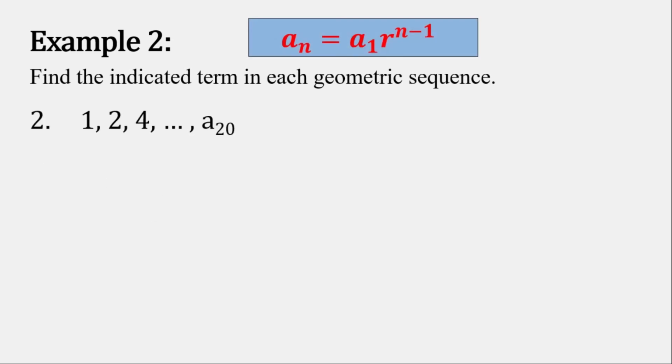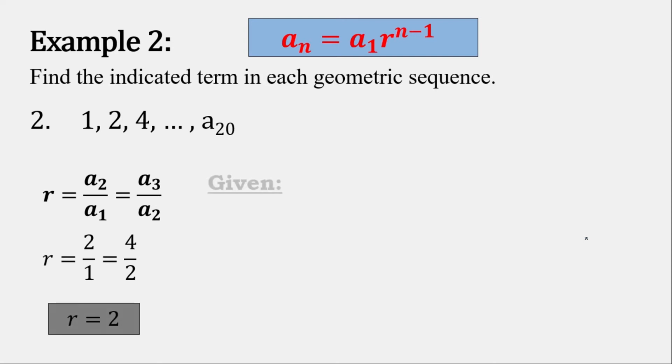For number 2, we can say that the common ratio is 2, and we have the following given. A sub 1, the first term, is 1, n is 20, the common ratio is 2, and we are going to find a sub 20. So you can see that in example number 1, we have a fraction kind of common ratio.